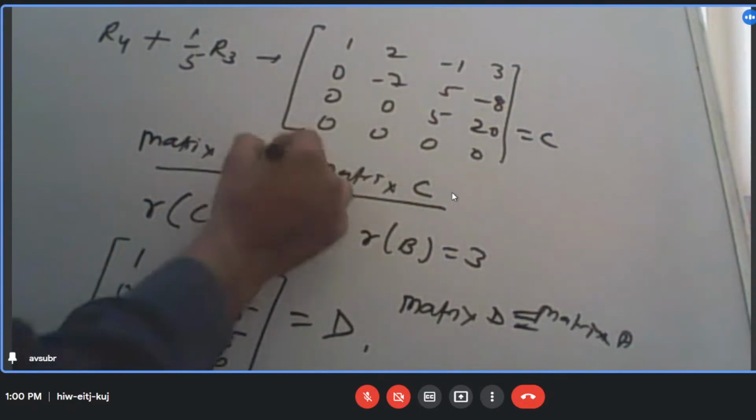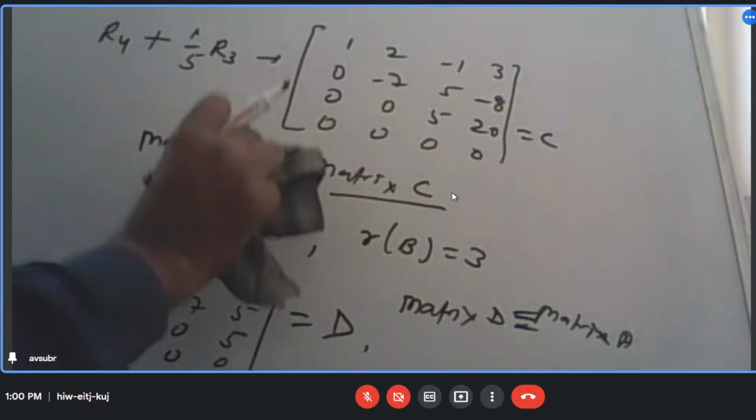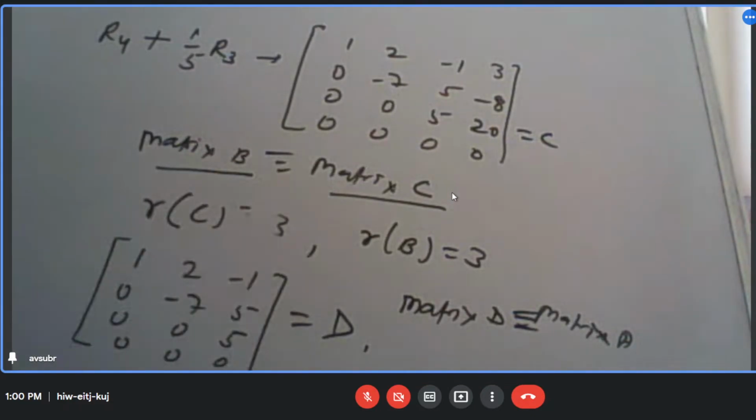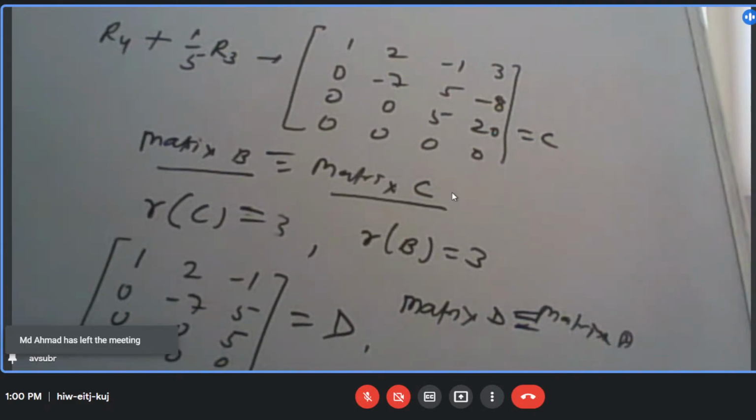They are equivalent. Okay? Fine? So it means that whatever the rank of D is should be the rank of A, from the theorem. Am I right? Yes, sir.